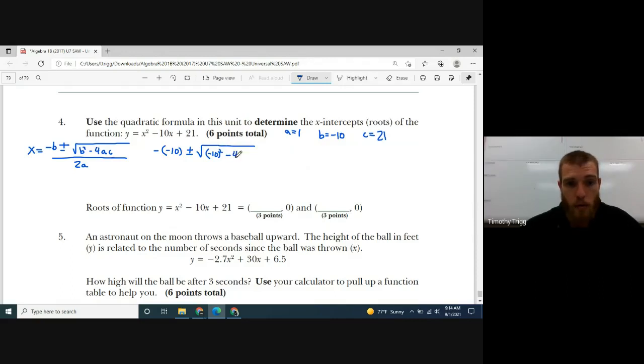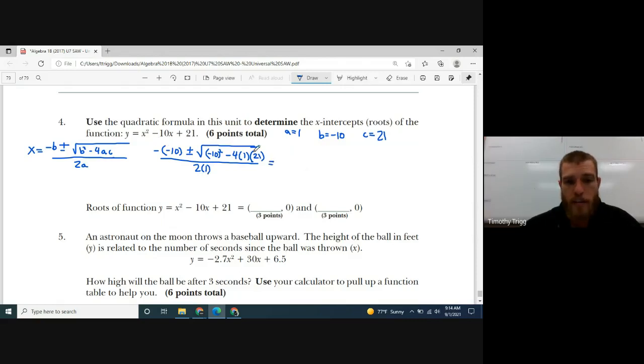Minus 4 times a, which is 1 in our case, times c, which is 21. All divided by 2 times a, and again a is 1.